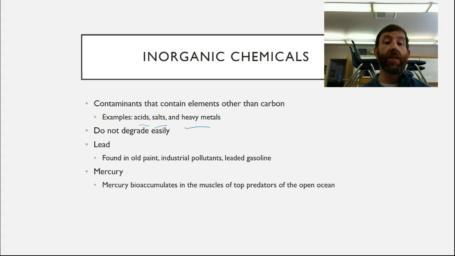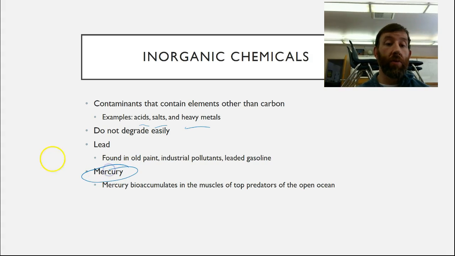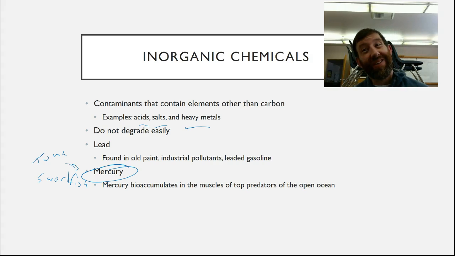Mercury has a tendency to bioaccumulate. So the big concern with mercury levels is in things like our top predators like tuna and swordfish. All right, so we tend to see excessively high levels of mercury, and mercury is a neurotoxin. It causes all kinds of issues with people's nervous system if we get some mercury poisoning.